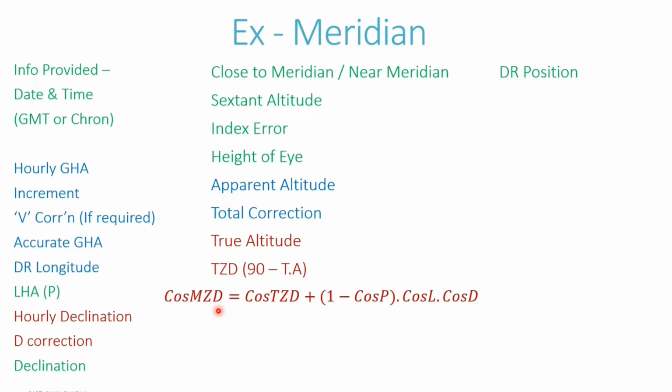Now it was very important in the olden days to get a Mer Pass sight, because our passage calculation, which is also known as day's work, was based on the noon position, the Mer Pass position, and we used to calculate the distance traveled, distance made good, engine speed, all these things, the distance remaining, what is the fuel. A noon report was prepared every noon, giving a full summary of the passage for the last one day, and it was sent to all the concerned parties, the owners, the managers, the charterers.